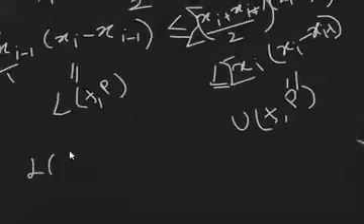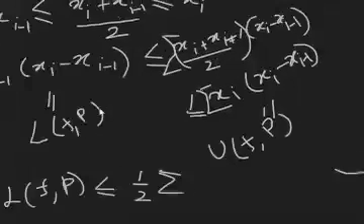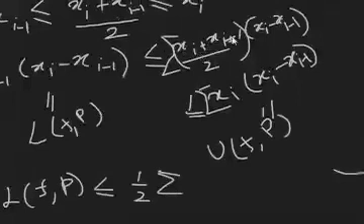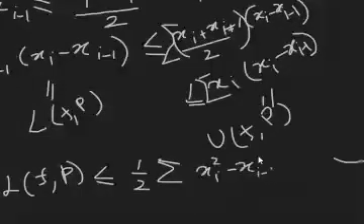Let's write this down properly. The lower sum of f corresponding to partition P is, 1/2 you can pull out from the summation, and the sum of (x_i + x_{i-1}) times (x_i minus x_{i-1}), which is x_i squared minus x_{i-1} squared, is less than or equal to the upper sum of f.